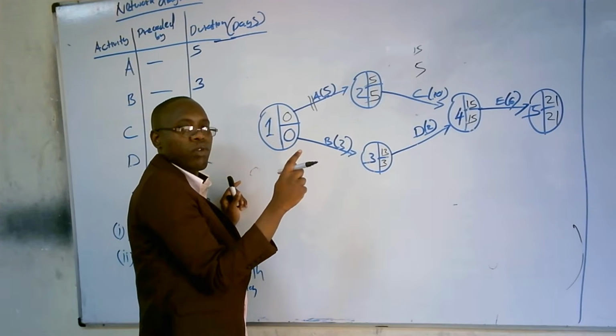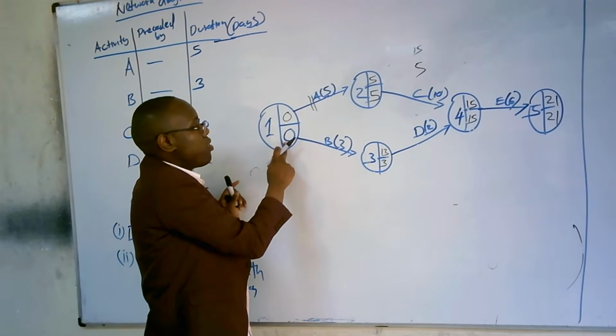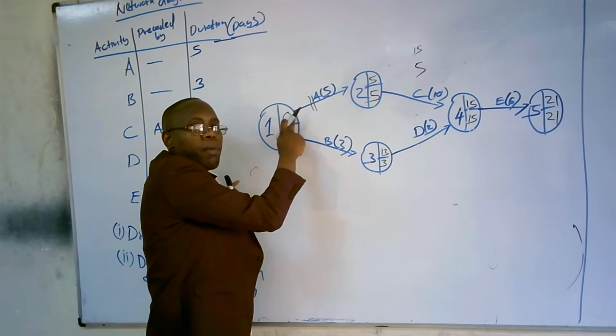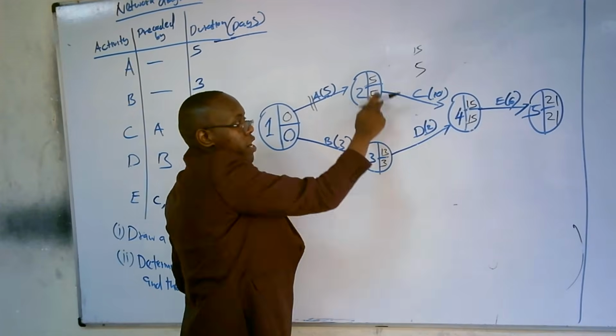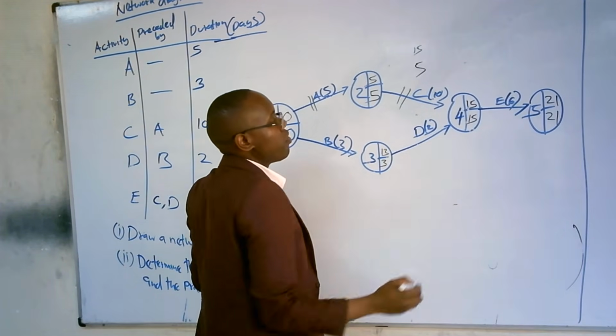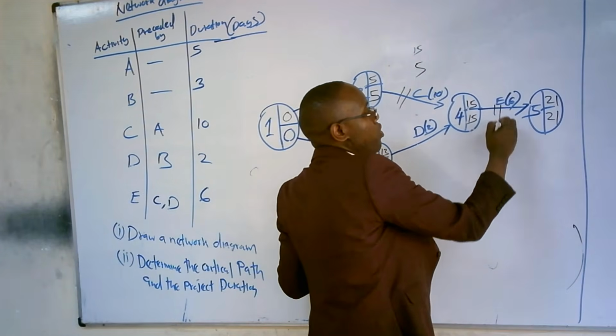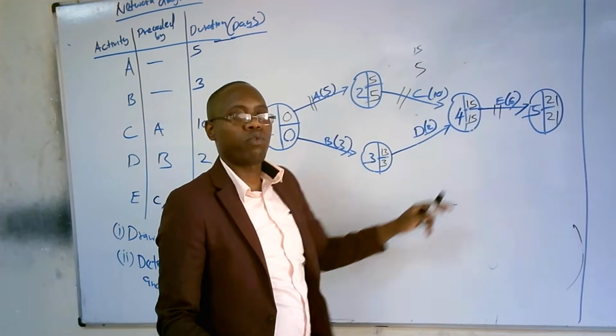So the critical path is the path whereby the earliest start time is equal to the latest completion time. Like here we have 0, 0, we have 5, 5. And then 2 to 4 is also a critical path because we have 15, 15. And 4 to 5 is also a critical path because you see we have 21, 21.